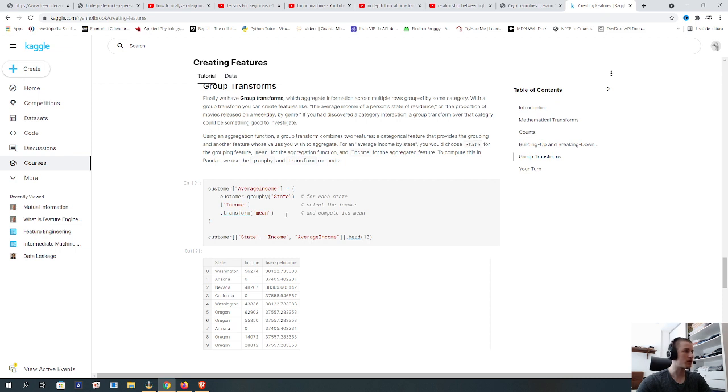So I think I've seen this in previous courses. It's making the index equal to state and comparing to income, then getting the mean. Average income. And it's making it equal to this column here.